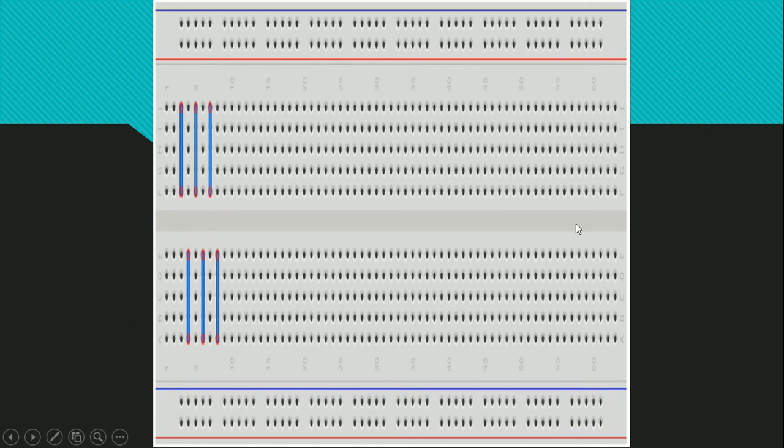As you can see, the middle divides the two portions of the breadboard. So if you want to connect this one to the other side, you need to connect another wire so that it will be continuous to the points. For the vertical, you can never connect it this way, just like with your power source and ground, because the connections are vertical, while this one is all horizontal.